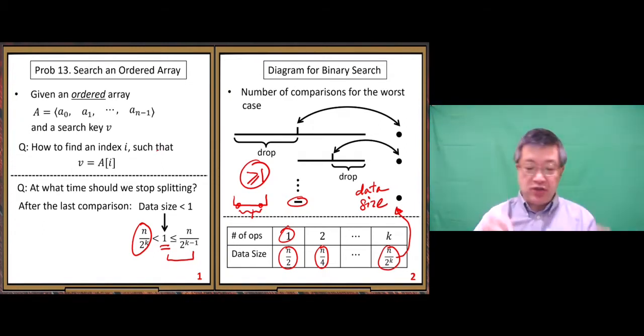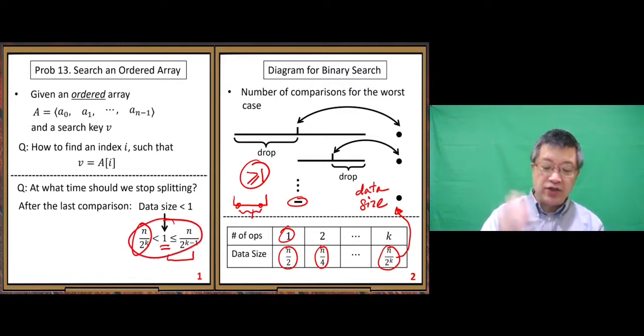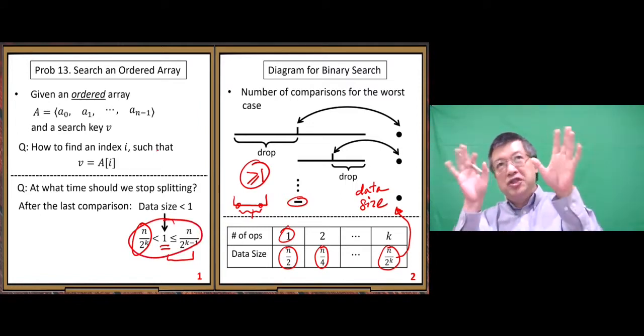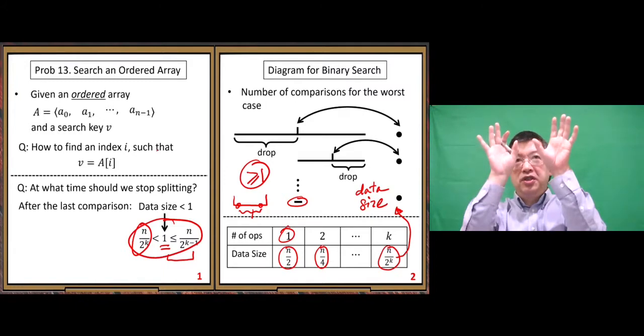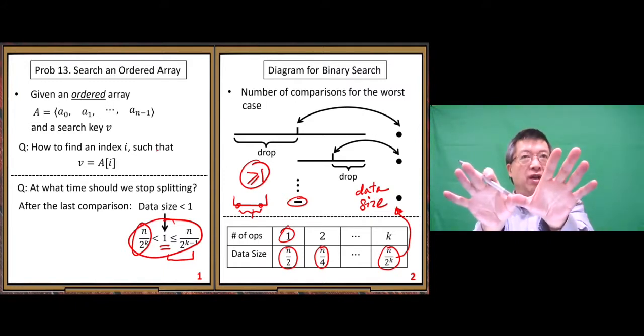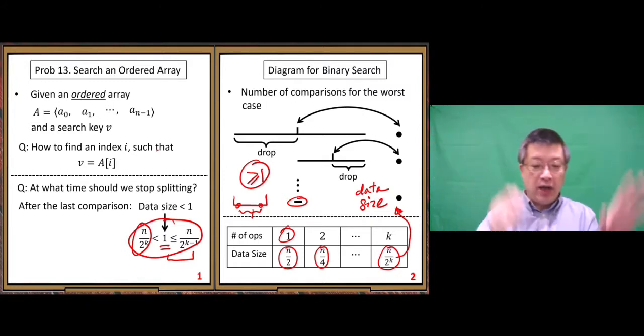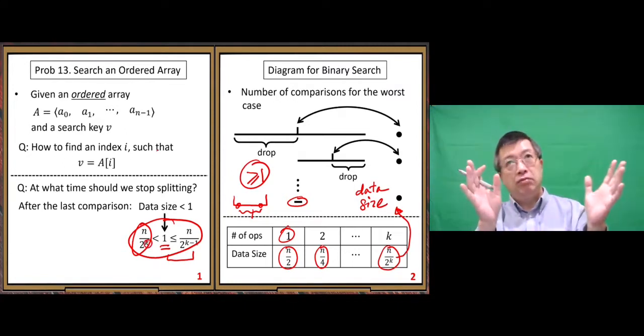That's the precise description, right? Not too big, not too small. This K cannot be too big or too small.